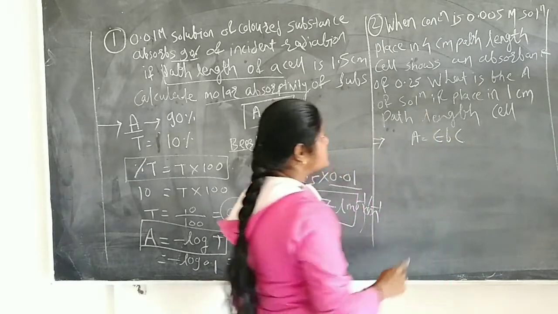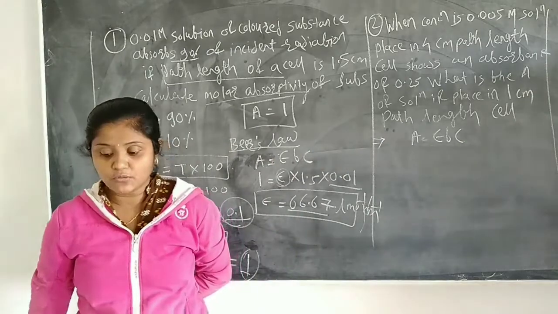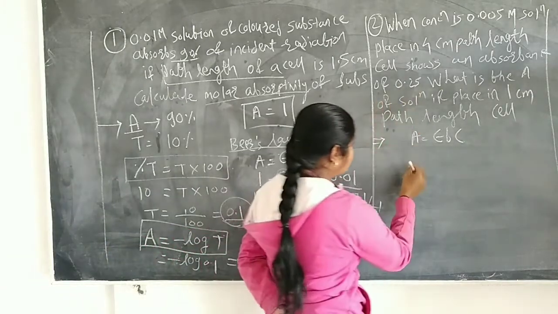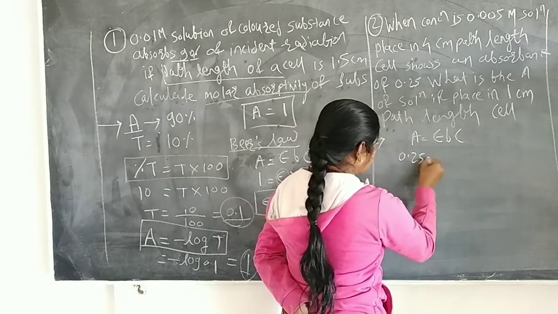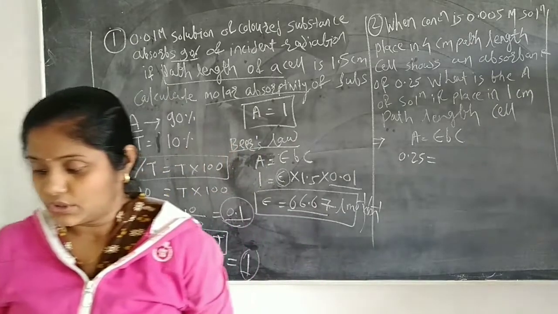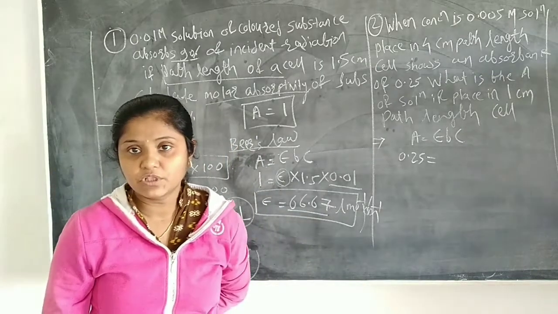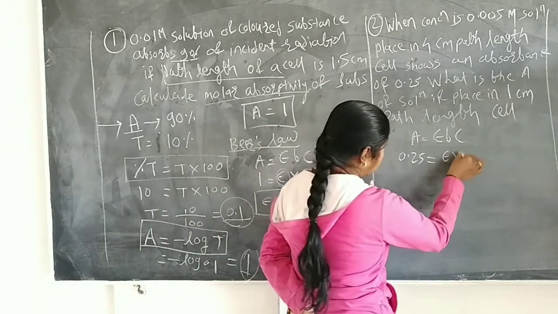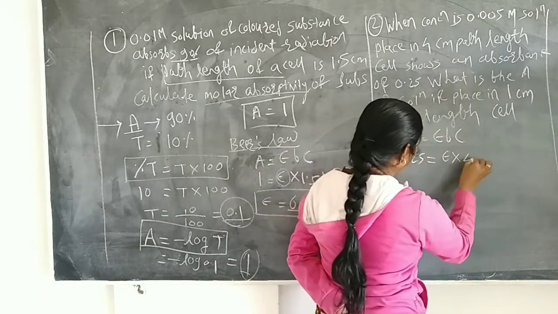So in the first case, we are finding out epsilon. The absorbance given is 0.25. Epsilon, the molar absorptivity of the solution, we have to calculate. The path length of the cell is 4.